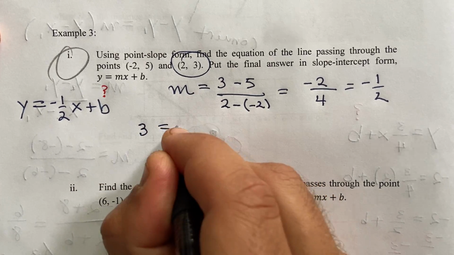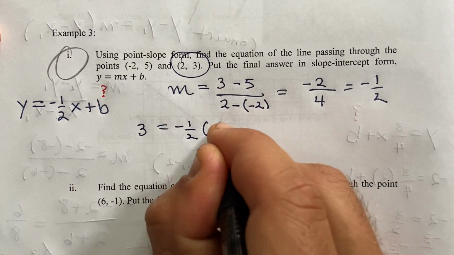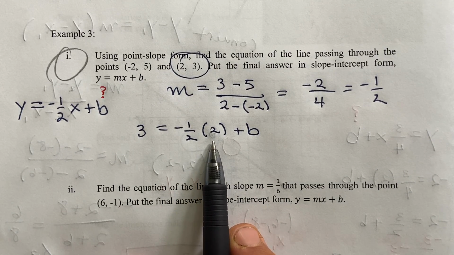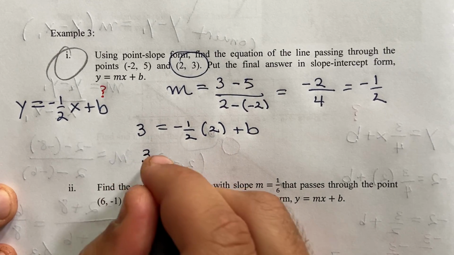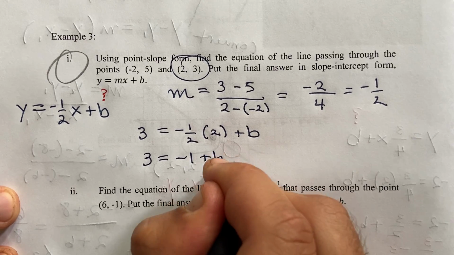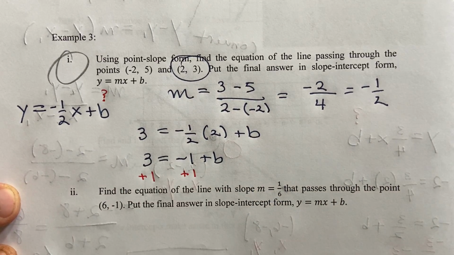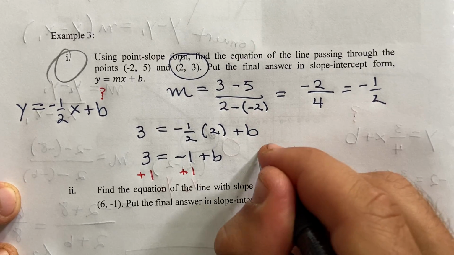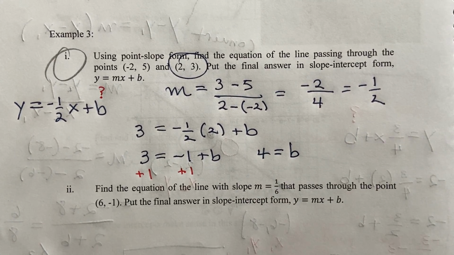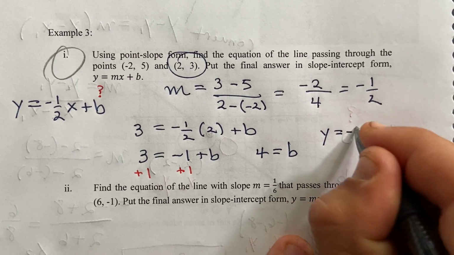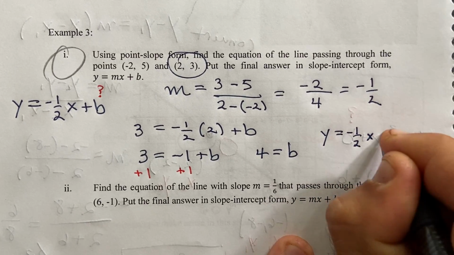So we have 3 equals -1/2 times 2 plus b. -1/2 times 2 is -1. And then add 1. So 4 equals b. So I can write y equals -1/2 x plus 4.